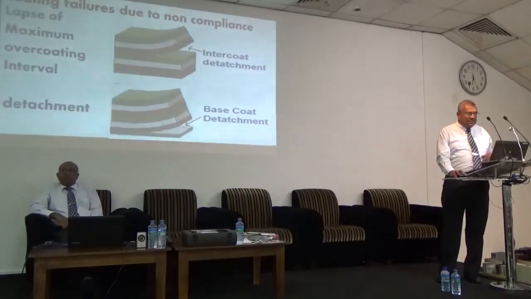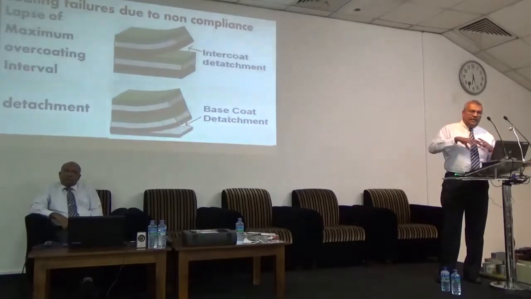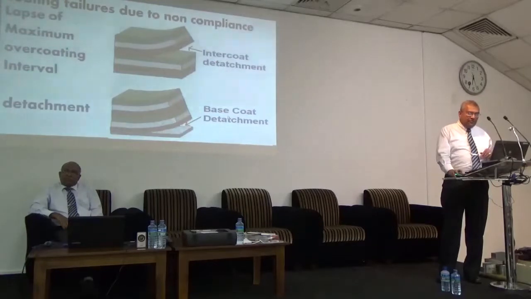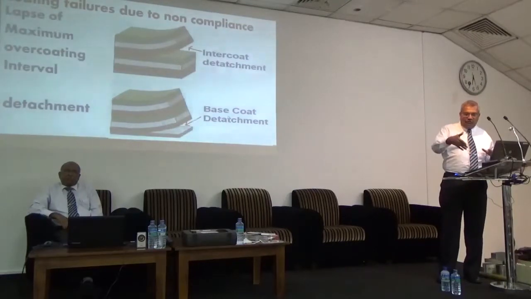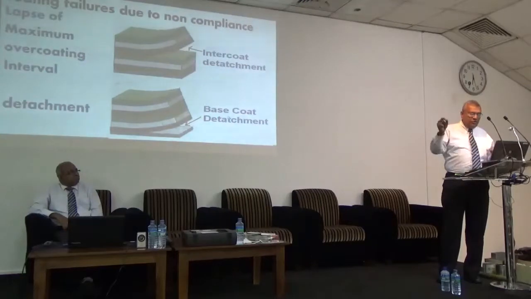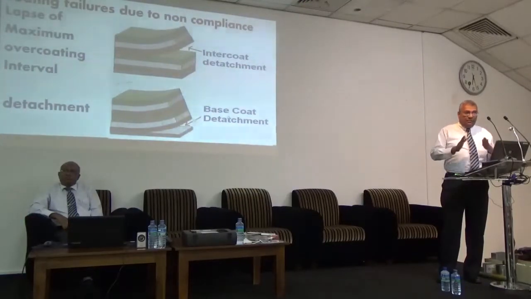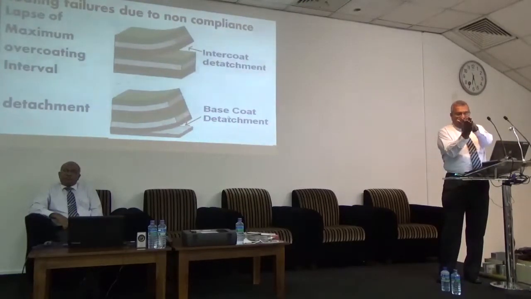Now, that's called the base coat detachment, where the paint is detaching from the base coat. So these words are very important. Especially when you are writing a letter, you go and see, there's a paint peel off. You check whether it peeled off from the base coat, then you say it's a base coat detachment. But sometimes you have intercoat detachment.